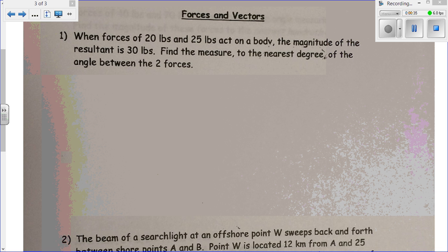Well, for these problems, you want to draw a picture. Whenever we have a forces or vectors problem, we want to draw a parallelogram. And this is one force, and this is the other force. One force is 20 pounds.